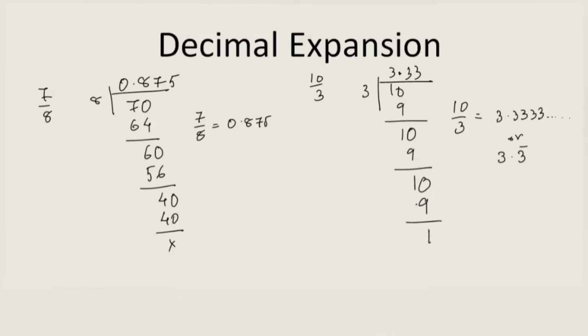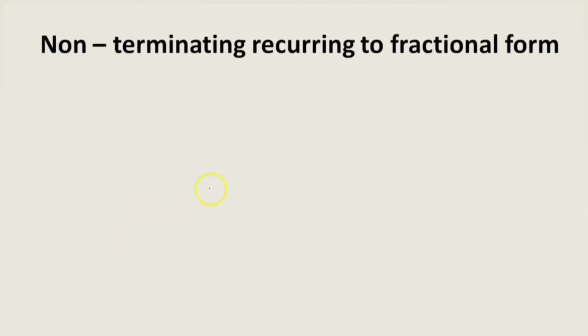Now, let's see another part of this video, that is the conversion of a recurring number, that is a non-terminating recurring number, to fractional form. Let's take an example of a recurring number, that is 3.33 ... or you can write it as 3.3 bar.